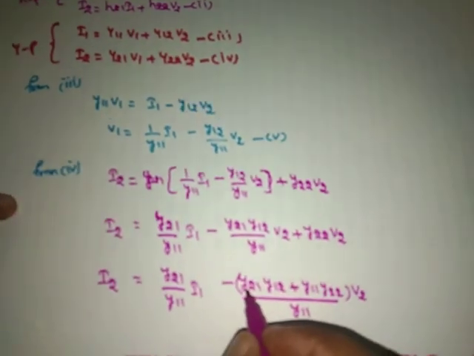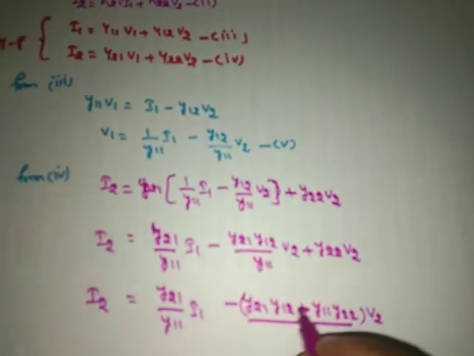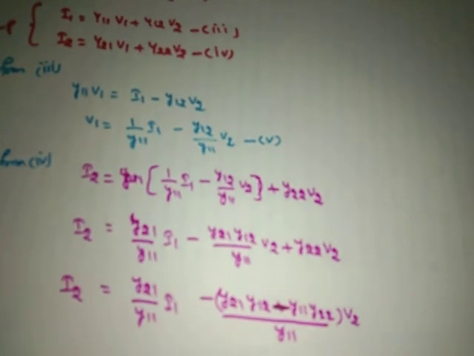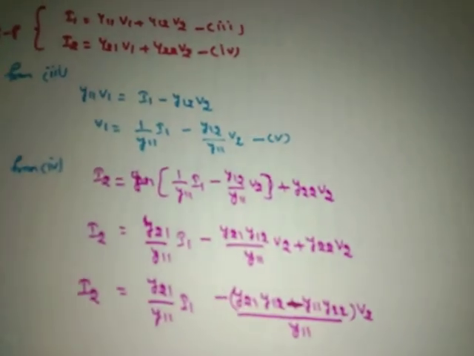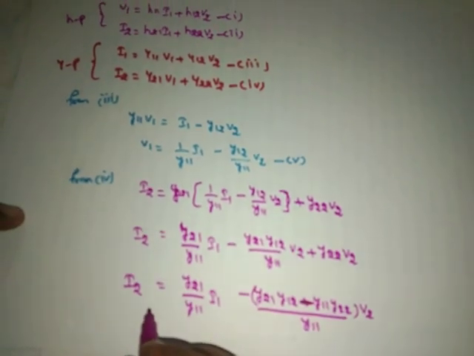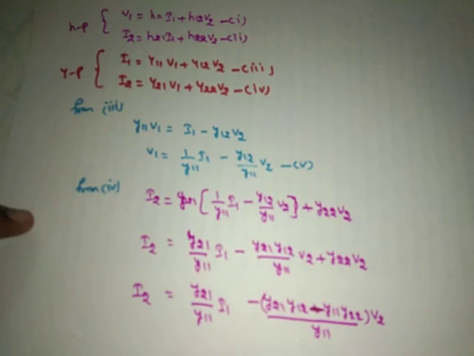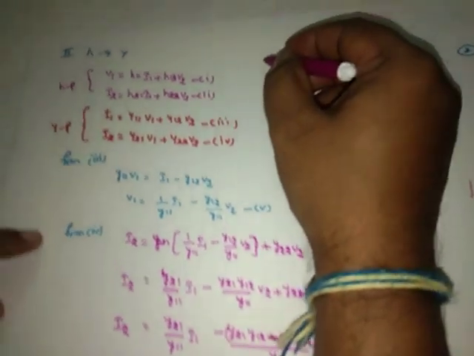Here minus, again here minus. Minus of minus plus. So this is minus. Now here I2 depends upon I1 and V2. Okay, now this is equation 6.